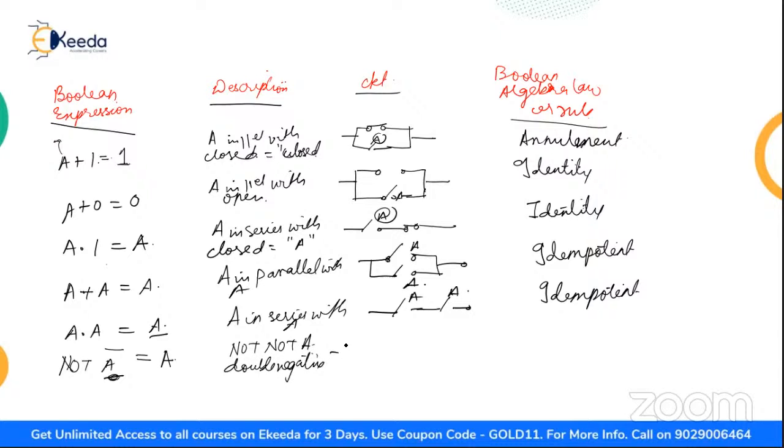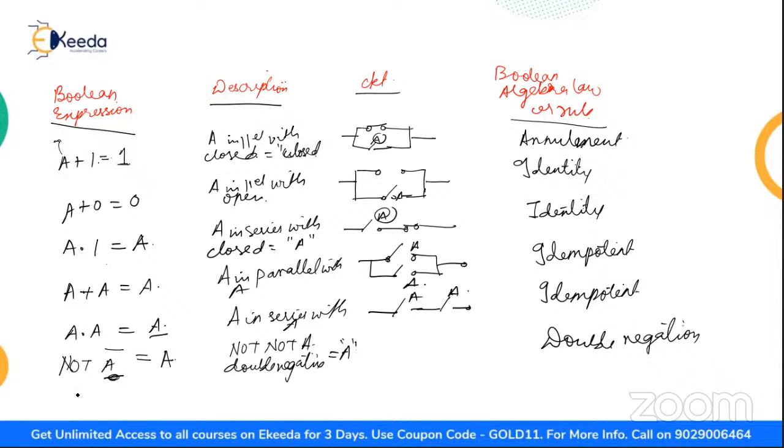This is equal to A bar bar, simple A. This property is called double negation. It has got no circuit.